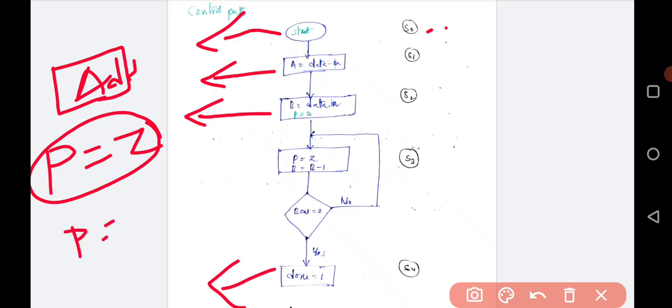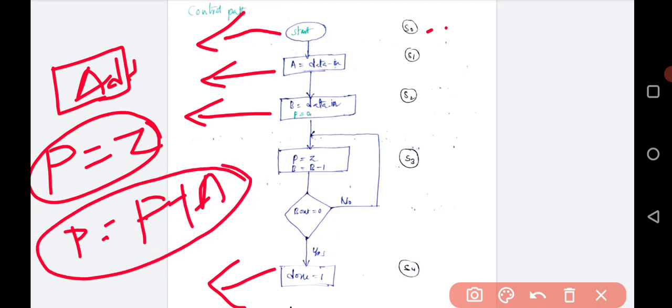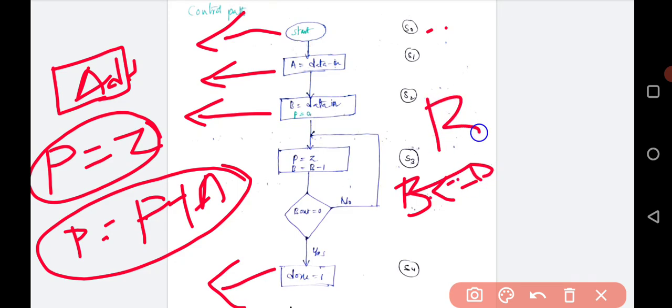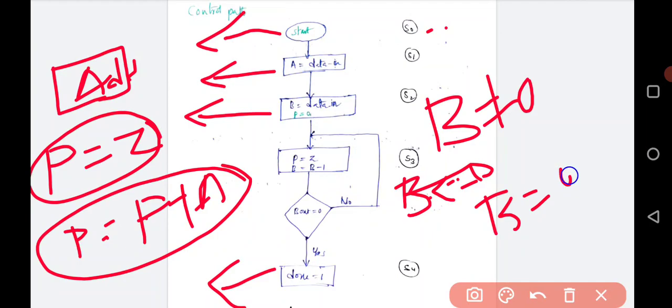So P is equal to Z, where Z is P plus A. This is repeated as long as the B value is not equal to 0, and up to that you have to perform the addition. If B is equal to 0, then you will come out of the loop.